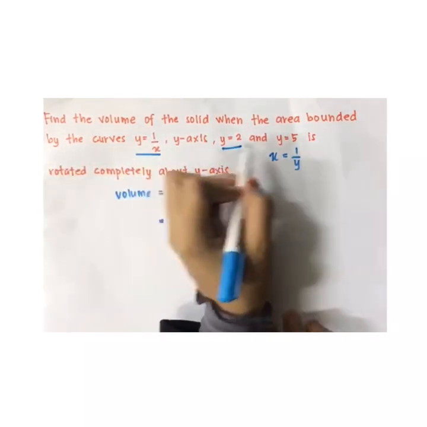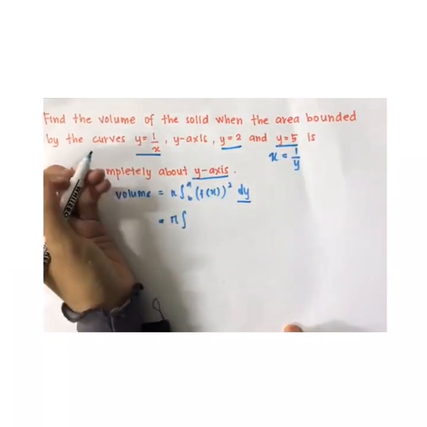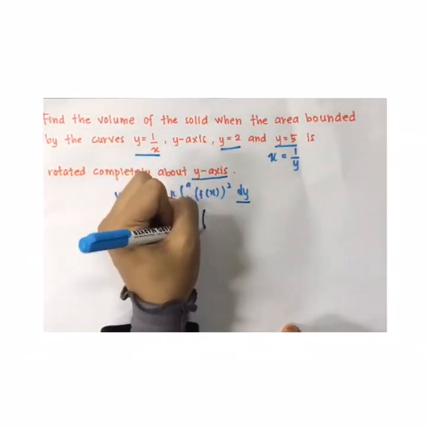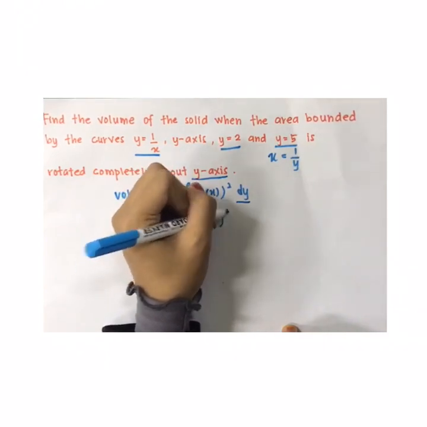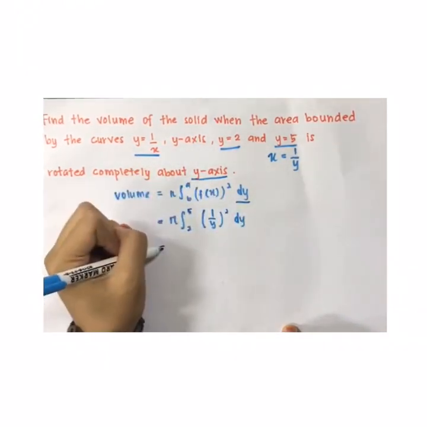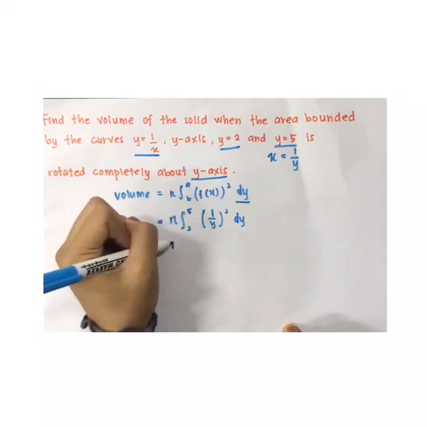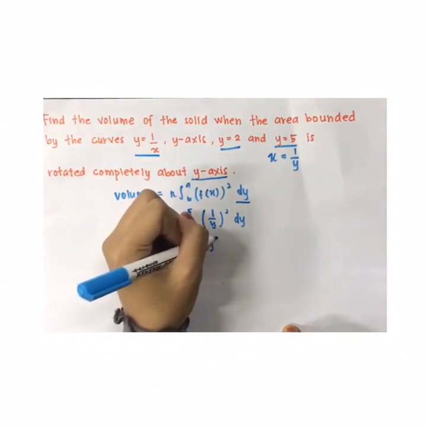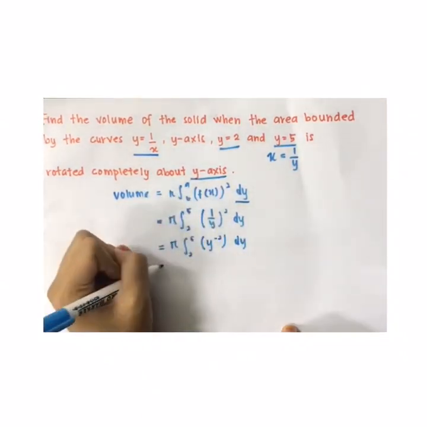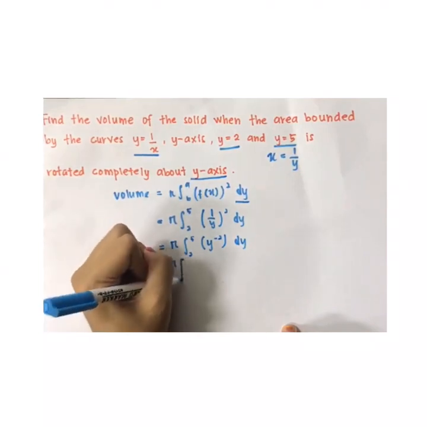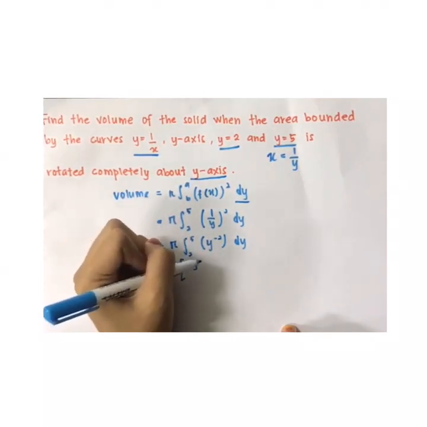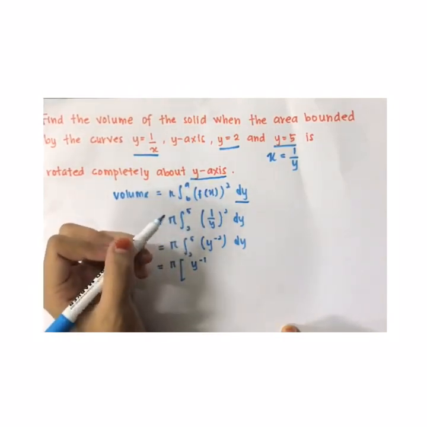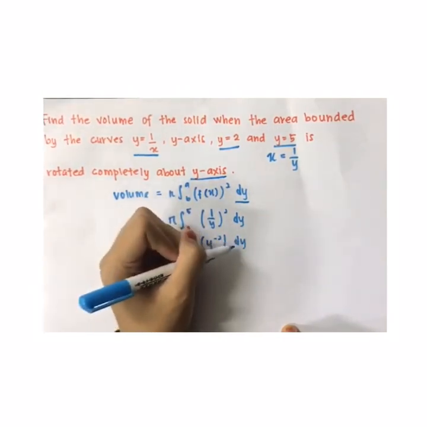The 2 and 5 is the limit. 5, 2. Always remember that before we integrate the integral, we always have to write the integral symbol and the dy.